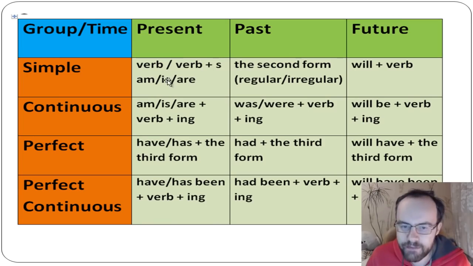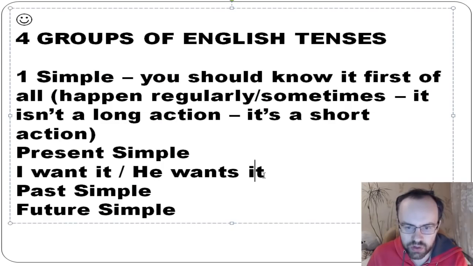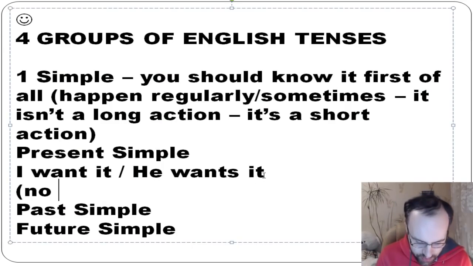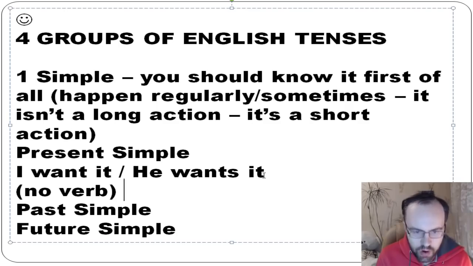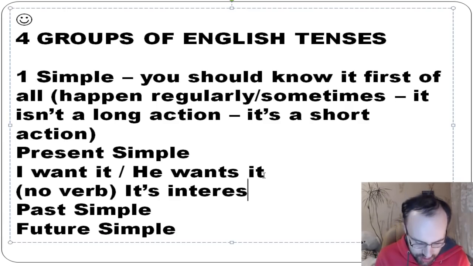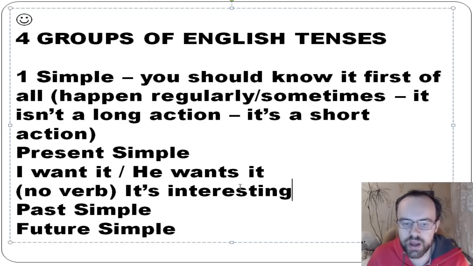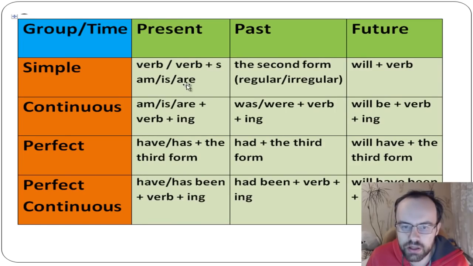If you don't have a verb, you use the form of to be: am, is, or are. For example, it's interesting. You don't have a verb and you use the form of to be. It's a short form, or it can be a long form.